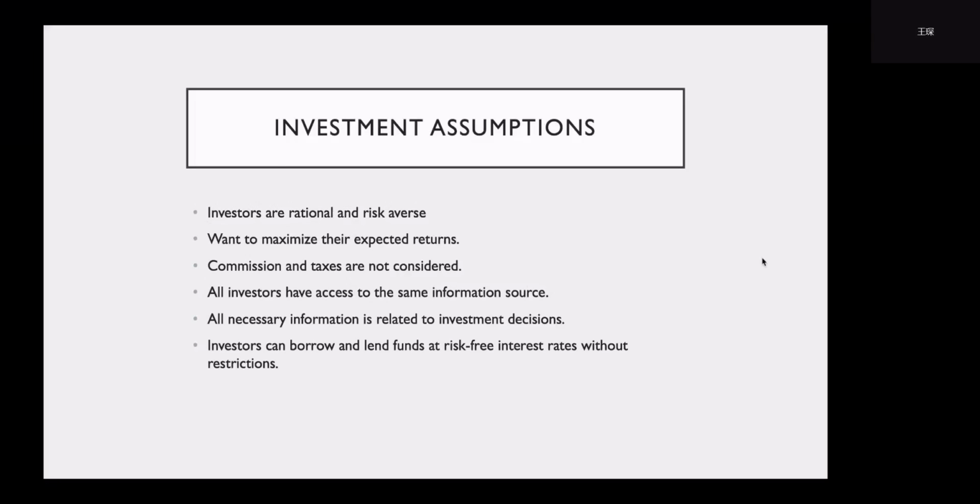All investors have access to the same information source, and all necessary information is related to investment decisions. Investors can borrow and lend funds at risk-free interest rates without restrictions.